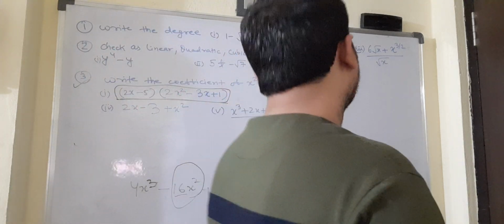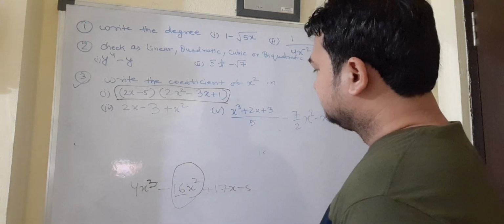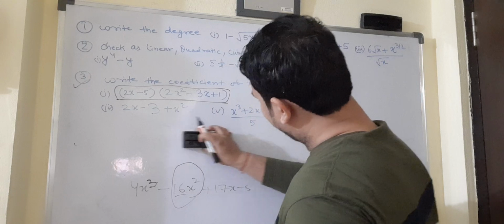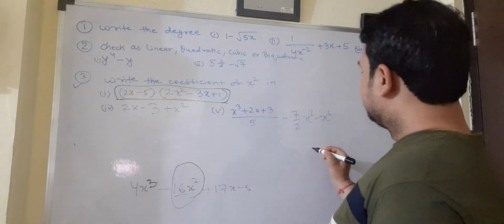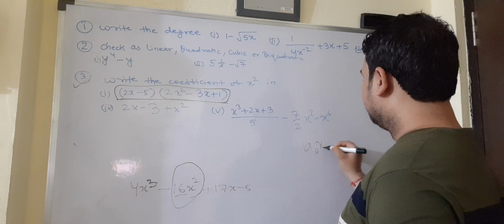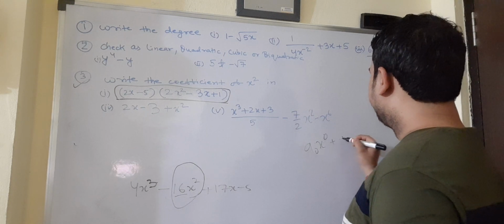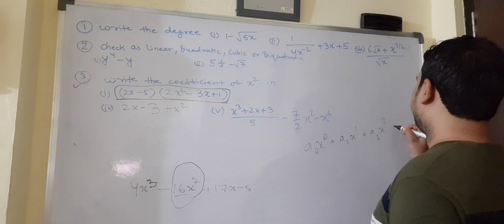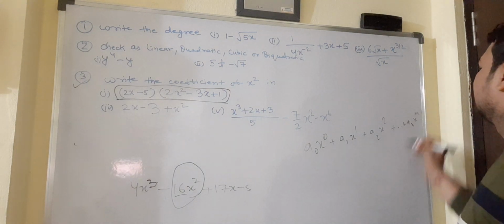But while writing the coefficient, there is one more thing that you should know. We always take the form a0 x0, a1 x1, a2 x2, and so on, an xn.